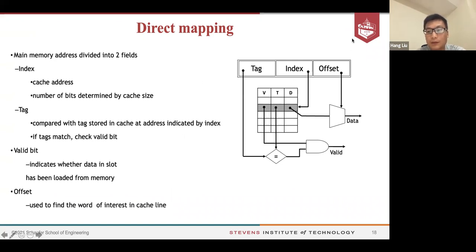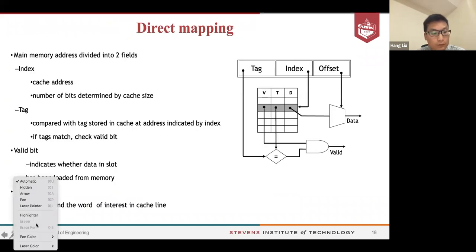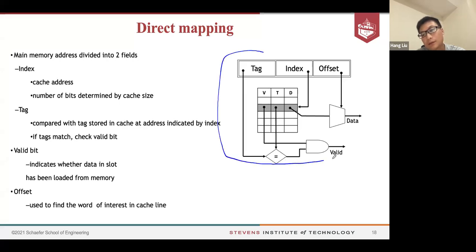Assuming we have this entire address coming, as what we showed in the prior slide, we want to find first the set of interest. If it's a direct map, then the set is a single block.